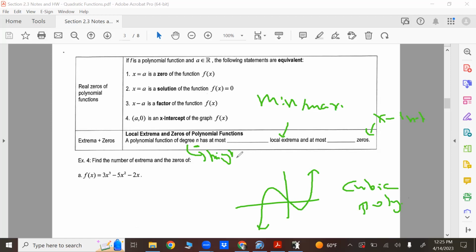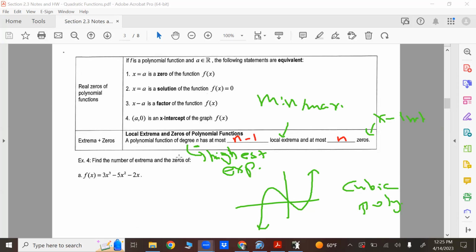Extrema are the high and low points. So this, for example, is a cubic function. How many high points or low points do I have combined? 2. And how many times do I touch the x-axis? 3 times. So whatever n is, the most x-intercepts you could have is n itself, and the most highs or lows combined will be n minus 1.